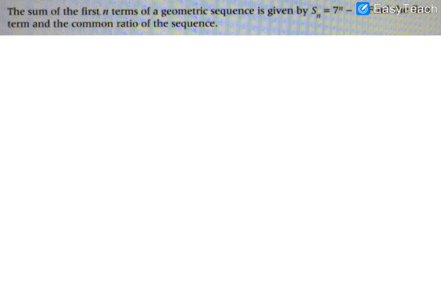So let us check this question. The sum of the first n terms of a geometric sequence is given by Sn equal to 7 power of n, minus 1. It means S1 is equal to u1, which is going to be 7 power of 1, minus 1.